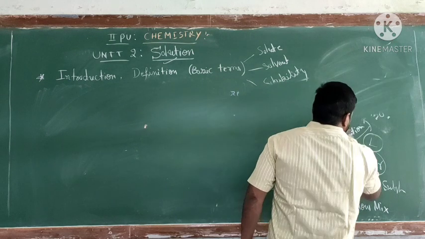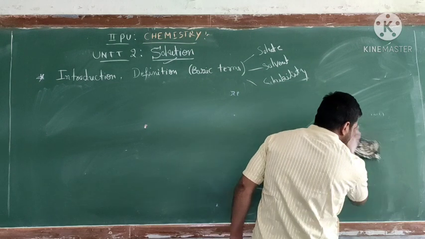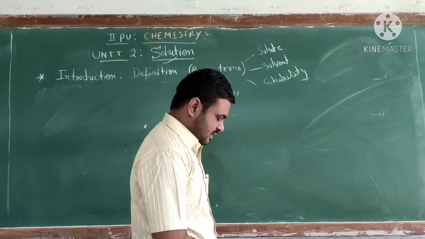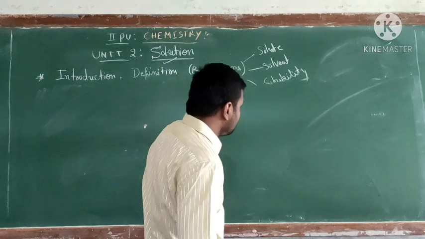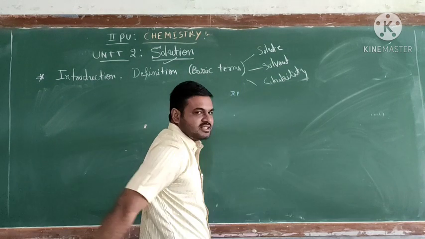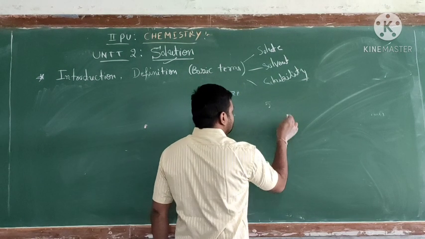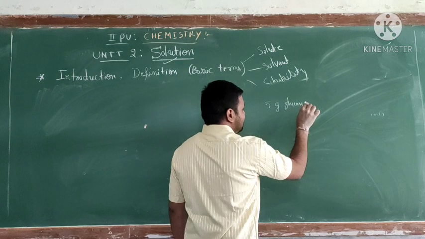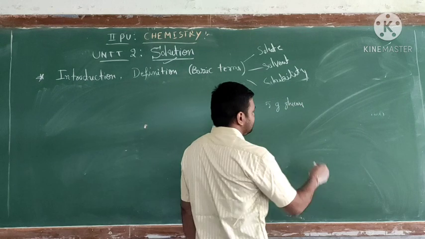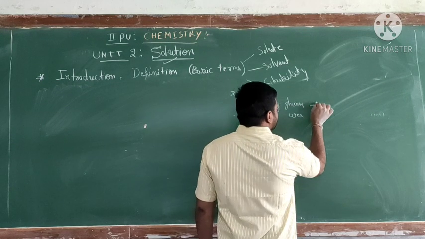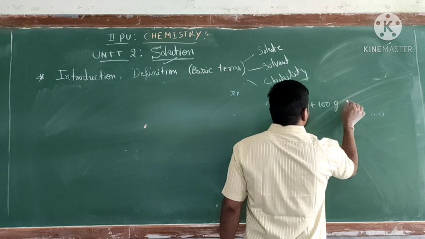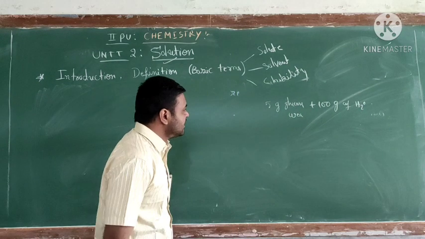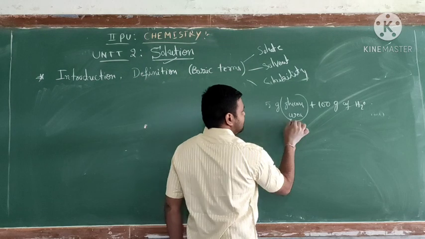Okay, so first I gave one of the examples to you, right? Say glucose or urea. 5 gram glucose, either glucose or urea, plus 100 gram water. So here, this is what?